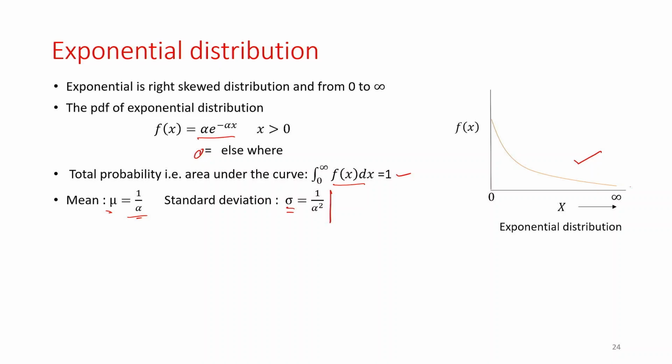So if I know alpha, we can find out the mean of the exponential distribution and the standard deviation. And from there we can also find out the CV percentage. All of them will be known to us, provided we know the value of the parameter alpha. But if I know the mean, then I know alpha, because mu and alpha are connected by this equation.